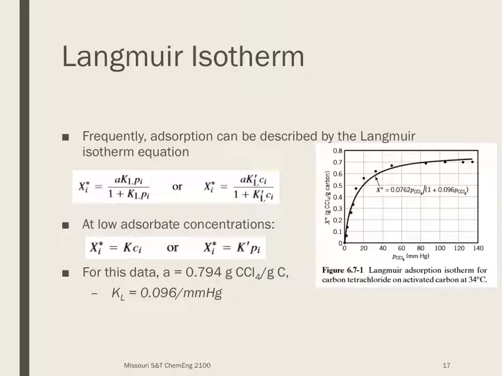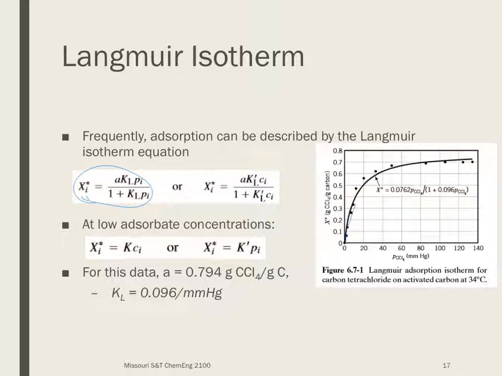And the one that is most frequently used is going to be the Langmuir Isotherm equation. And in that particular case, okay, what we find is that we have this constant K, which is the adsorption constant, okay, and it ends up looking something kind of like this here.